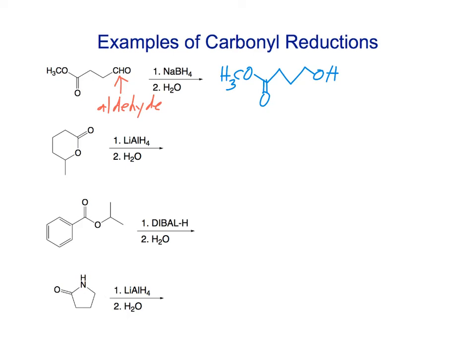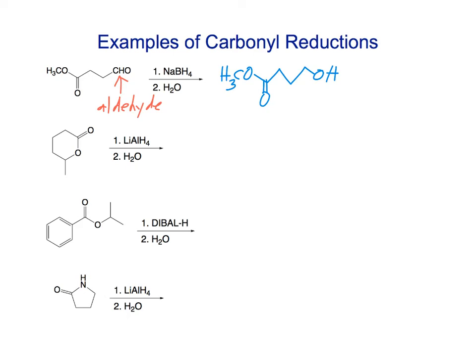But if we have something like an ester and the ester is going to reduce, it doesn't matter if we add one or two, it's always going to reduce all the way. In fact, if we reduce the ester once, we get an aldehyde. And what's more reactive, the aldehyde intermediate or the ester that we started with? It's just like the first problem. The aldehyde is more reactive, so the intermediate aldehyde is going to react before the ester does. So it wouldn't stop.